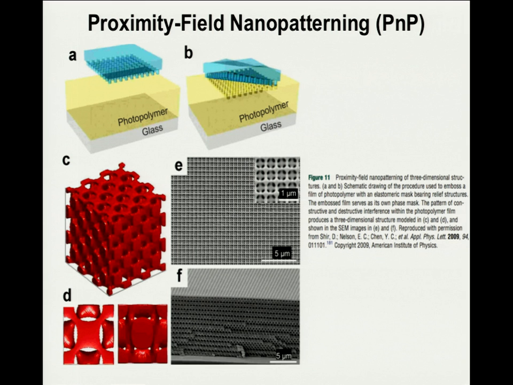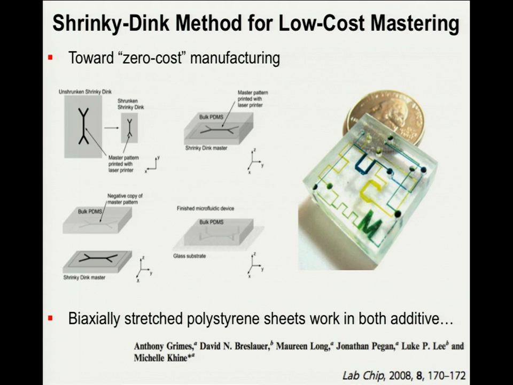So we've been talking about using 2D films to make 2D patterns. You can also make 3D patterns using optical interference. This is kind of a cool method by Michelle Khine at UC Irvine. So this is towards zero-cost manufacturing. Suppose you don't want to use photolithography or a clean room. All you want to use is a Shrinky Dink and an inkjet printer. Shrinky Dink is biaxially oriented polystyrene that shrinks when you put it in the oven.